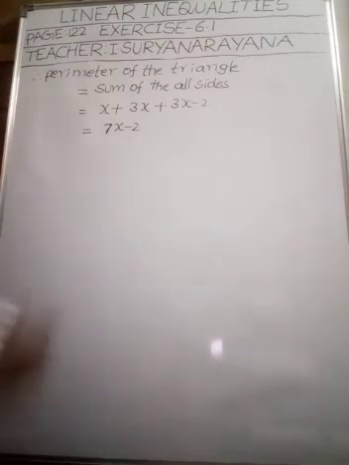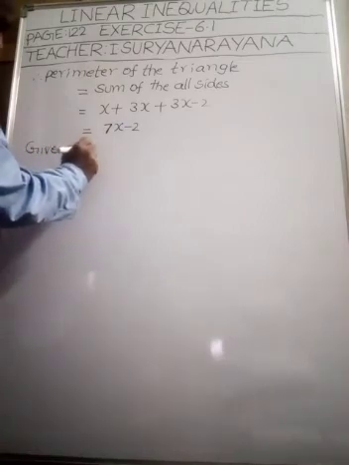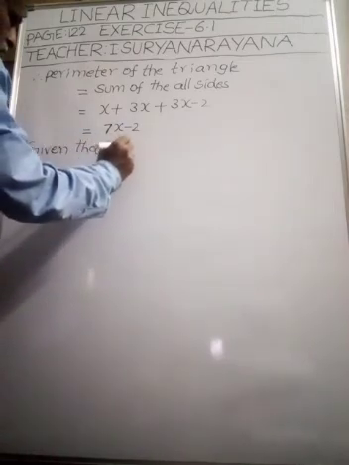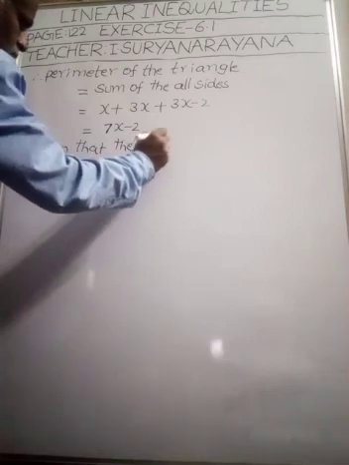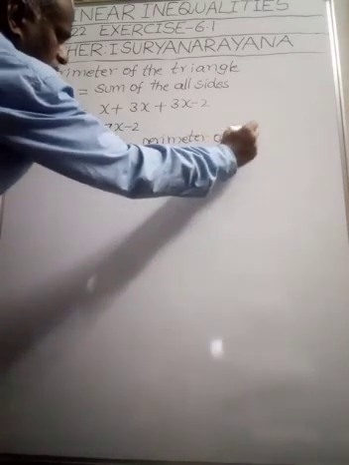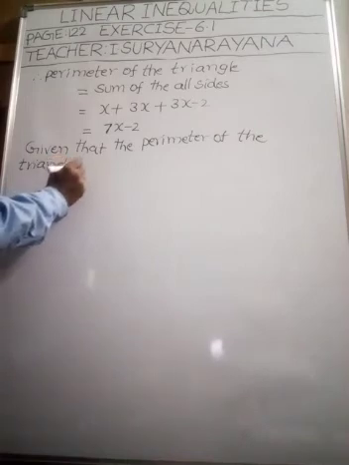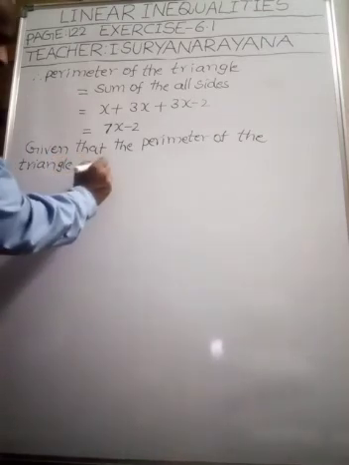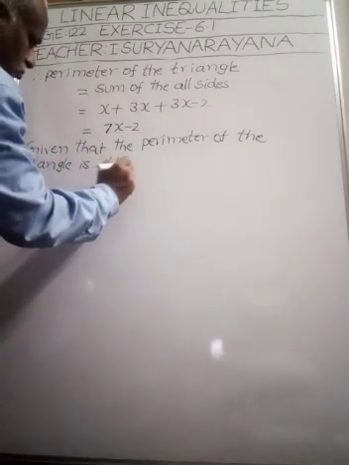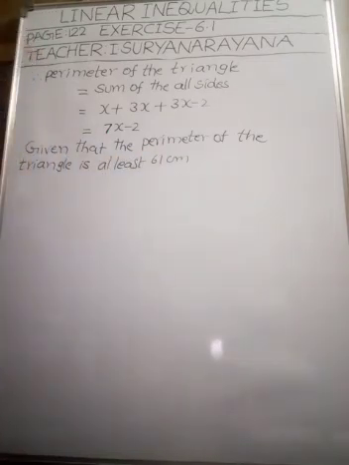Okay, my children, given that the perimeter of the triangle should be at least 61 centimeters.